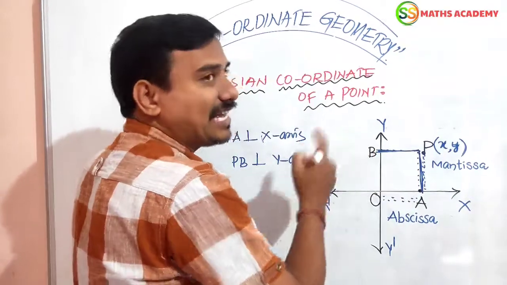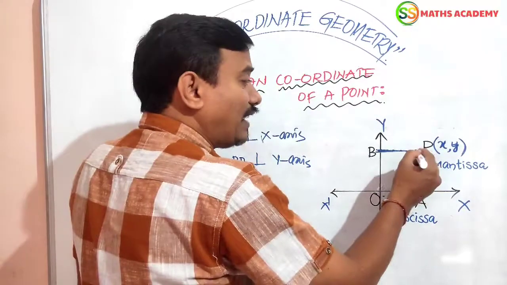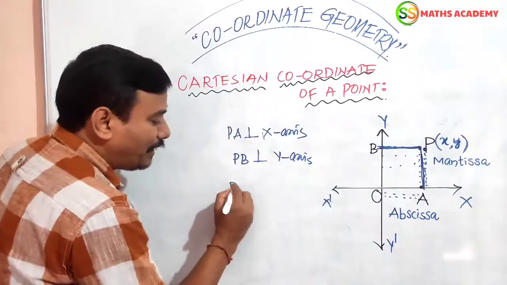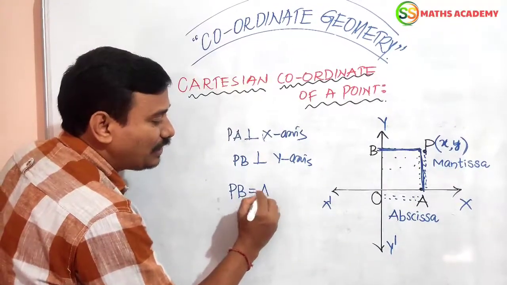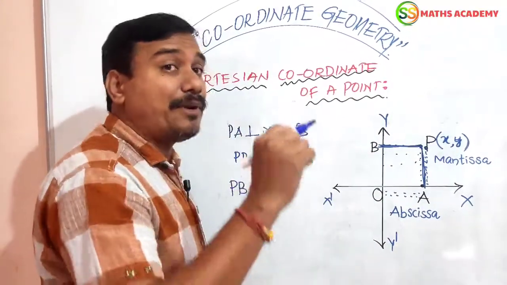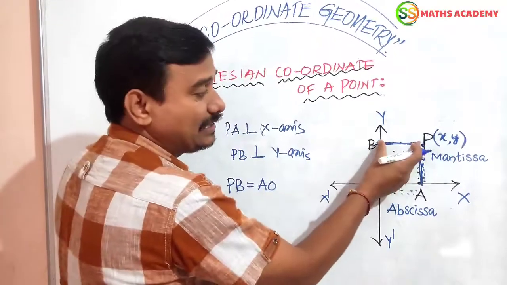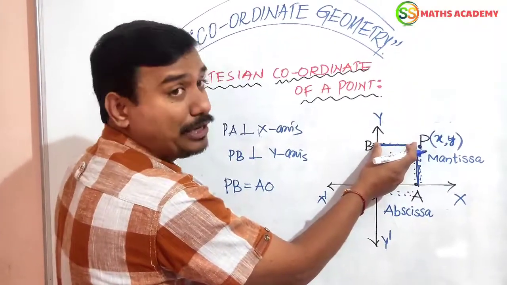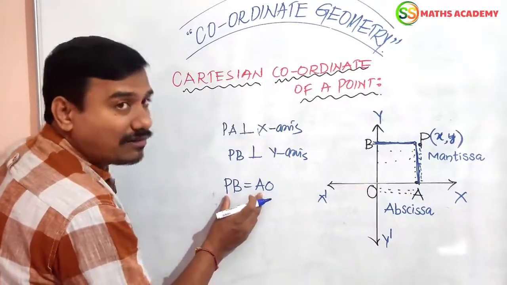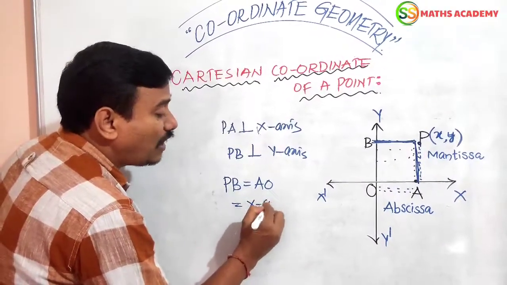Next, the distance of the point P from the y-axis, means PB, is equal to AO or BP or OA, also correct. The distance of a point P from the y-axis, means PB as well as AO, these two are called x coordinate.